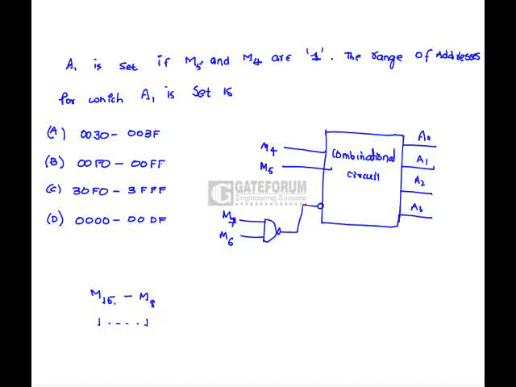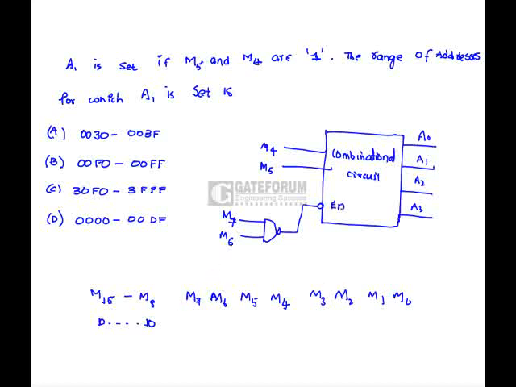Here M15 to M8 are all 0 because they haven't given any connections about M15 to M8. But the remaining are M7, M6, M5, M4, M3, M2, M1, M0.